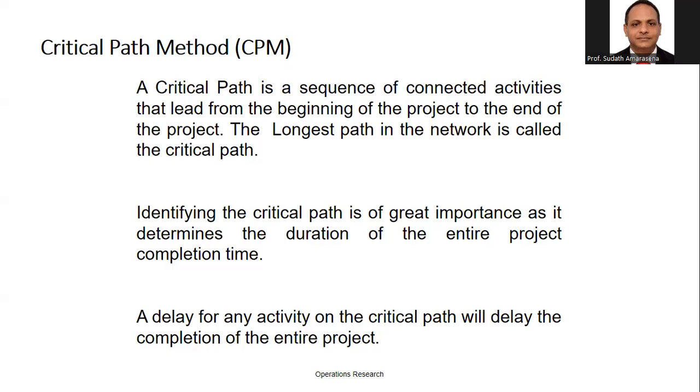After you write down the duration, we need to identify the critical path. There are two methods we can use. One we call the longest path method, and the second method we call the earliest starting time, latest completion time method. Based on that, we can identify the critical path.